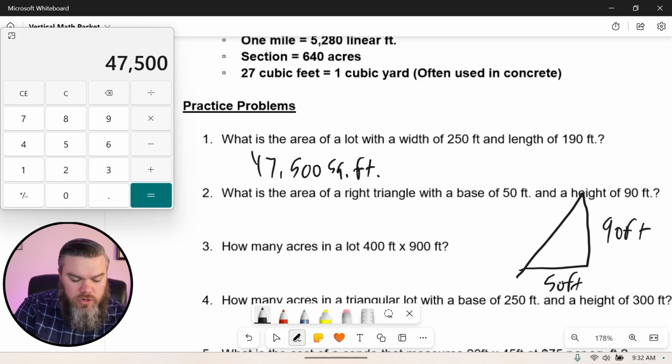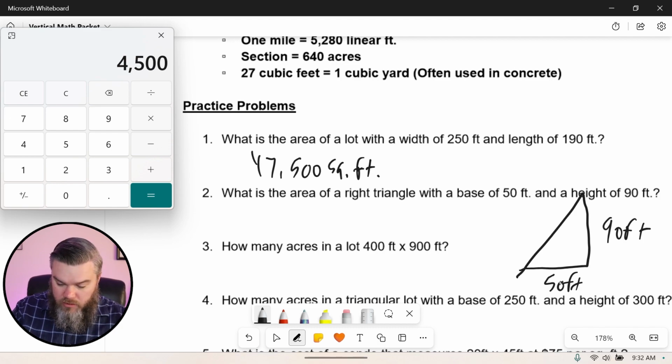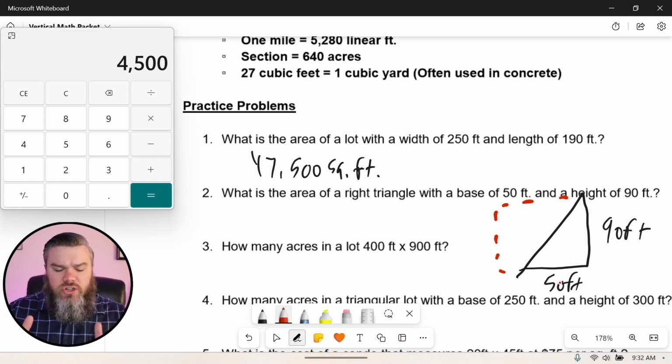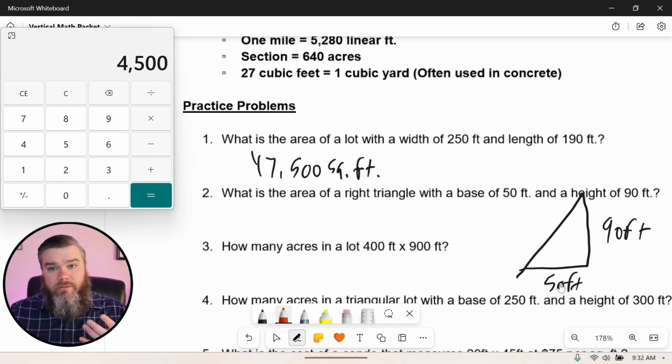Now remember, if you just sit here and you do 50 times 90, and you left it there, that's wrong, because what you really just found is the area of this whole thing, this fictitious square rectangle that's not there. So you have to divide it by 2. Base times height divided by 2, right? Or cut it in half. It's the same thing.